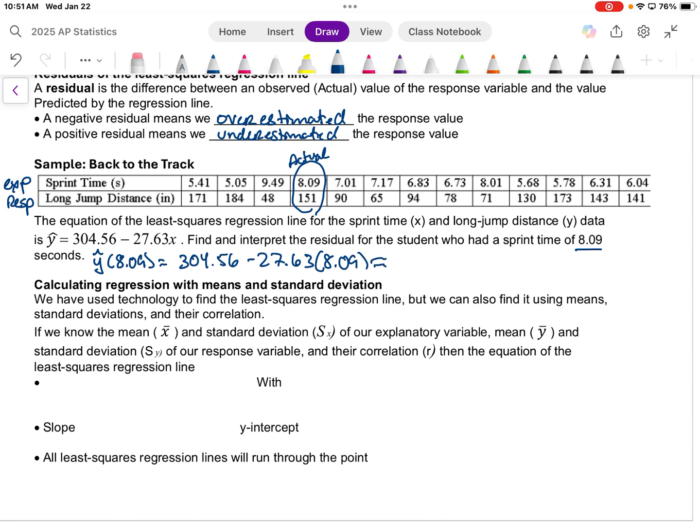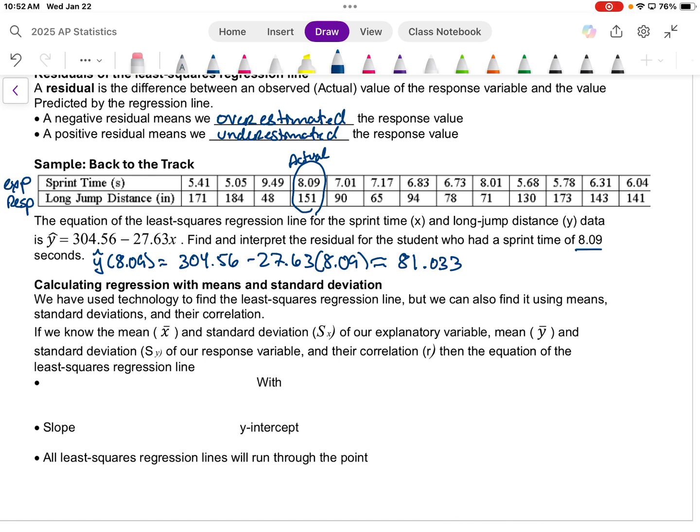When we do the 27.63 times 8.09 and subtract that from 304.56, we should get approximately 81.033, okay?